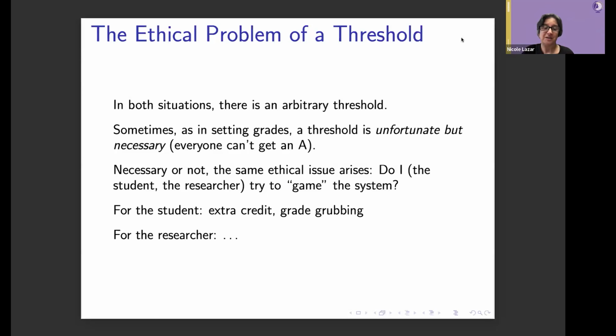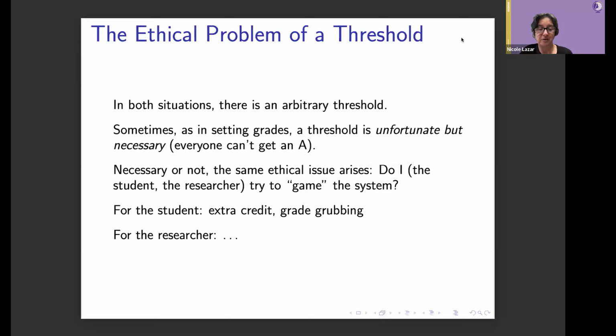But whether it's necessary or not, I would claim that that same ethical issue arises. And that is, do I, the individual, in this case of the intro stat student, the student, in the case of the researcher, do I try to game the system in some way? So again, we've all been students.